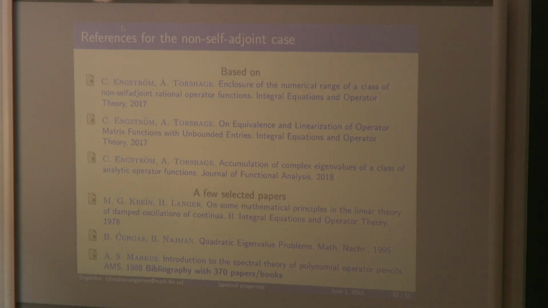Many of these papers work with quadratic polynomials. Alexander Markov's book contains a lot. And if you want to read more during the summer, you can go to the 370 papers that are cited there, and then it should be enough. So, thank you very much.